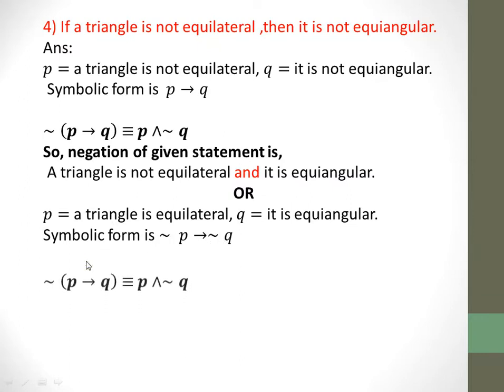Now see here, our main rule is: negation of P implies Q is equivalent to P and negation Q. Then what will be the rule for this?